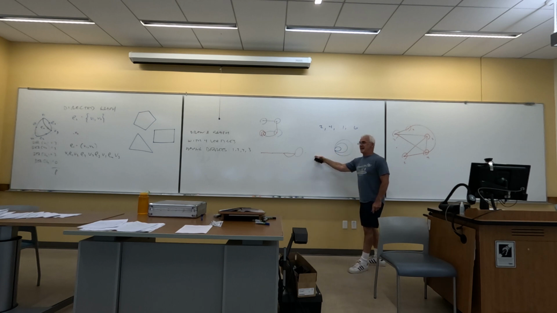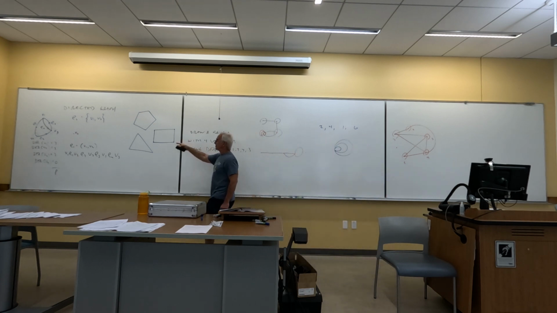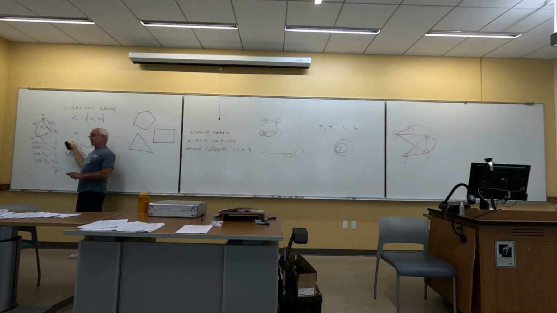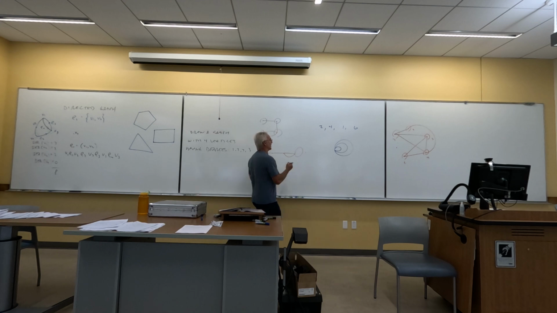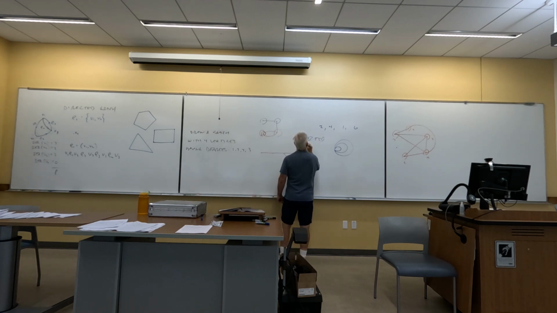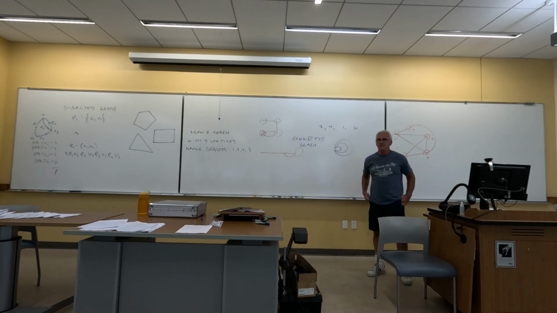Now, I said this didn't have to be attached. These are attached, these are attached, these are not attached. So we're going to use one more new term that's kind of an oh duh: connected graph. What do you suppose that means, without even me telling you?